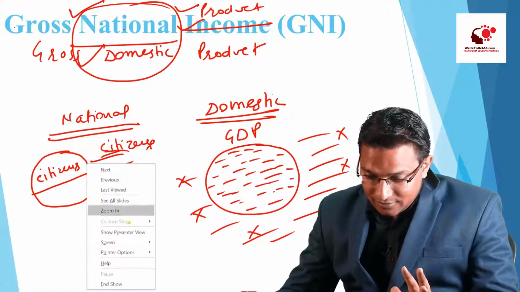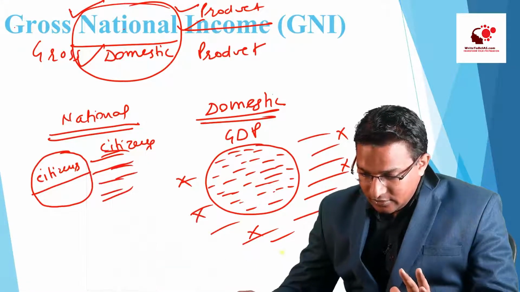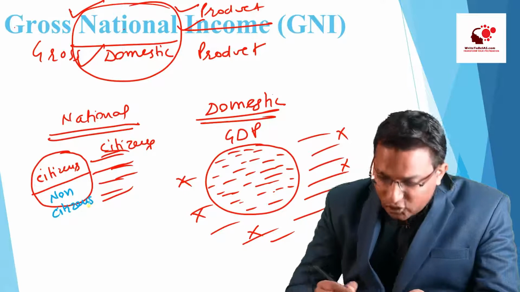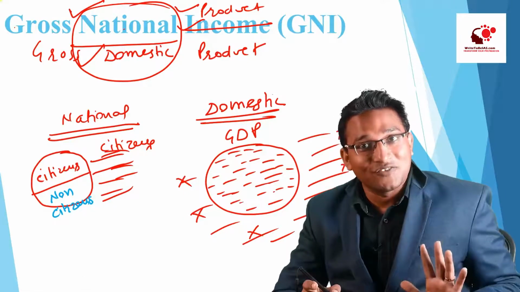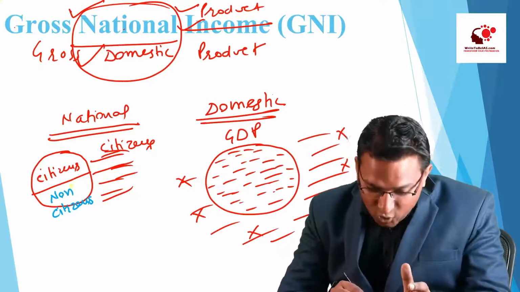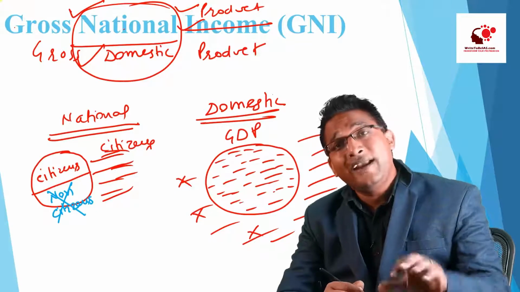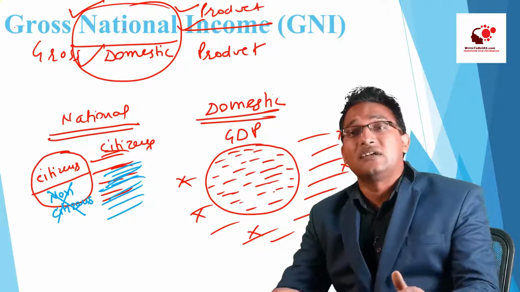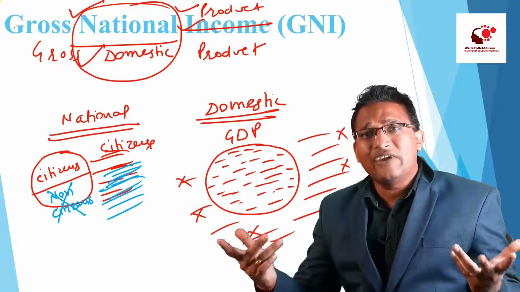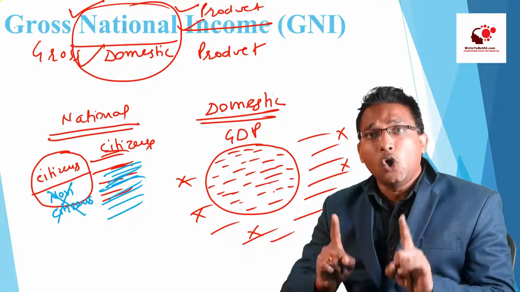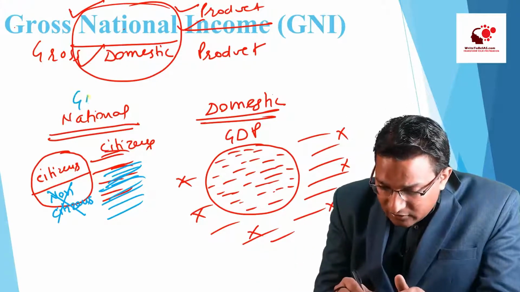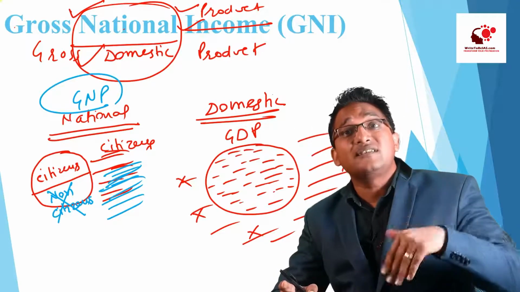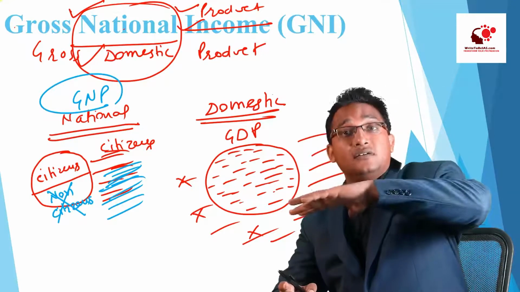Now, if the production is done by non-citizens in the economic territory, it will not be part of the GNP, right? And definitely outside the economic territory, any production done by non-citizens is very clearly not part of the GNP, right? So in the case of GNP, the focus is upon the production done by the citizens, whether this is done inside India or outside India.